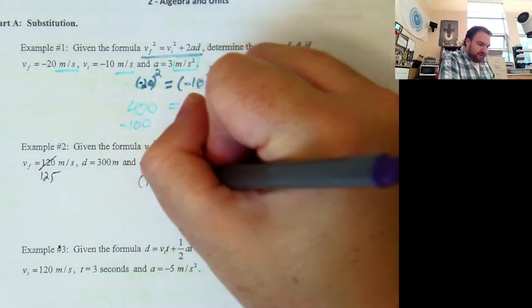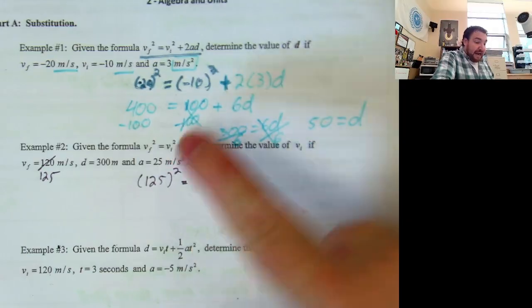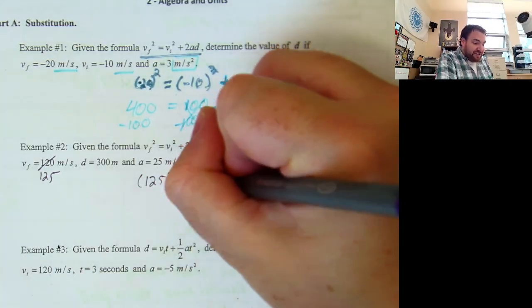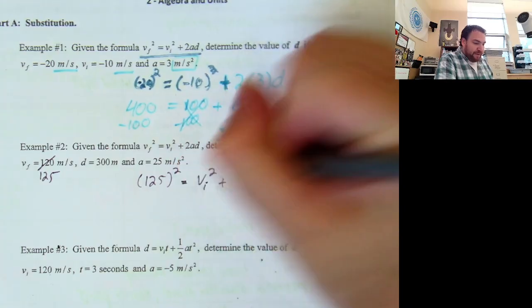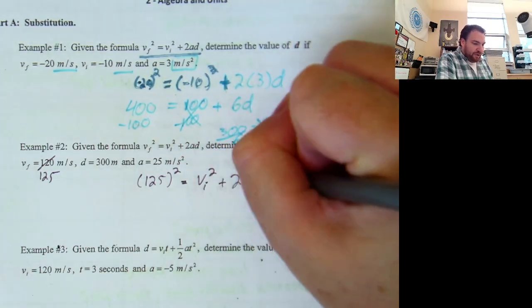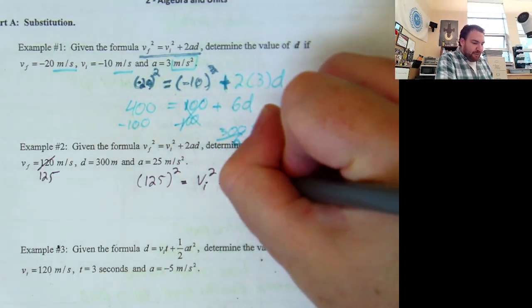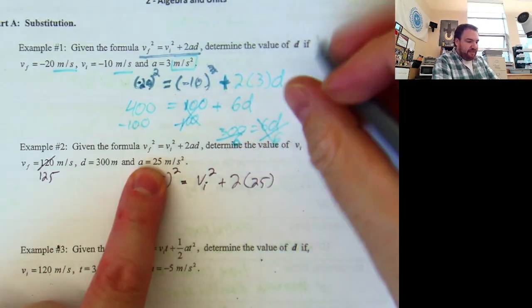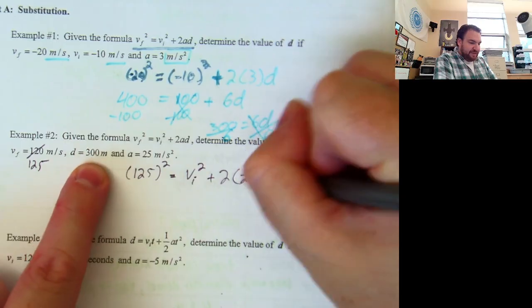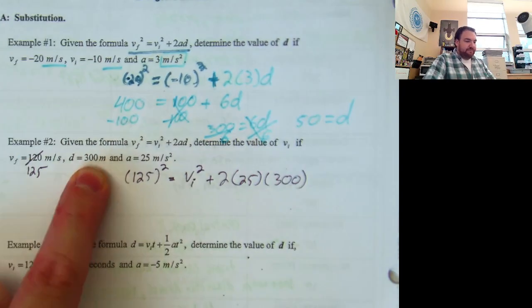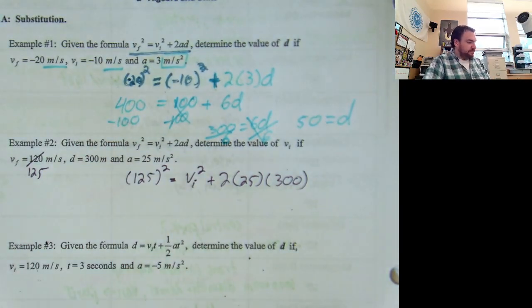125 squared is going to equal, you take your VI, which is what we're looking for. So that's going to stay VI squared plus 2. The A we're going to replace with a set of brackets, and we're going to put the value for A inside there. And we're going to do the same thing with D. And now we can simplify where we can. 125 squared is... You all got calculators here.